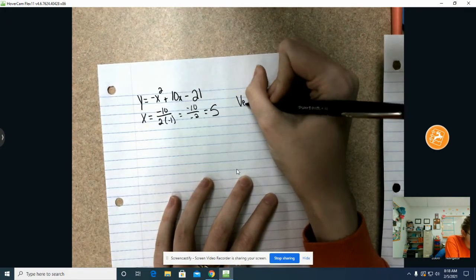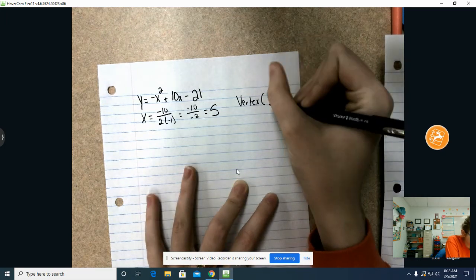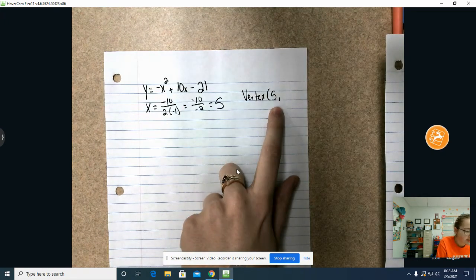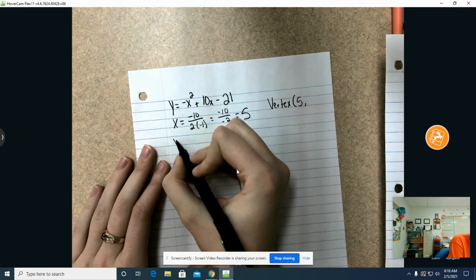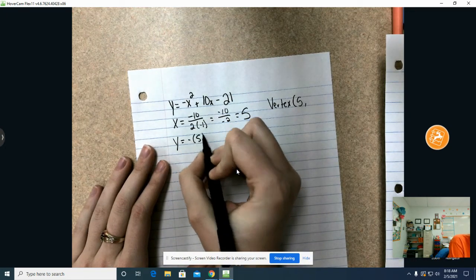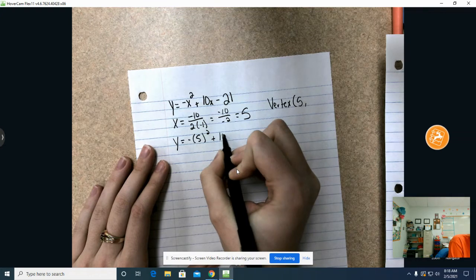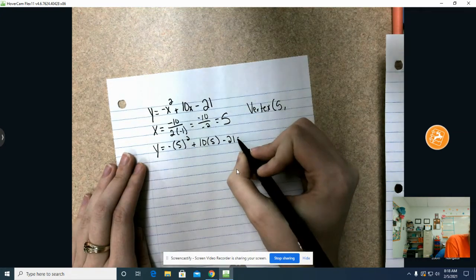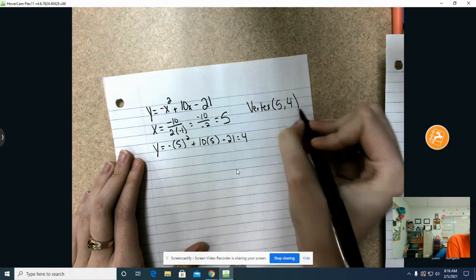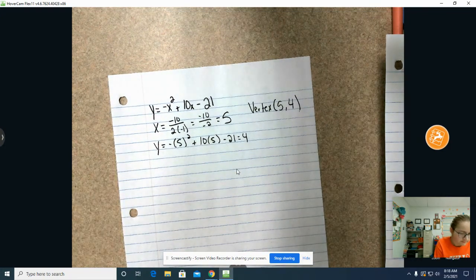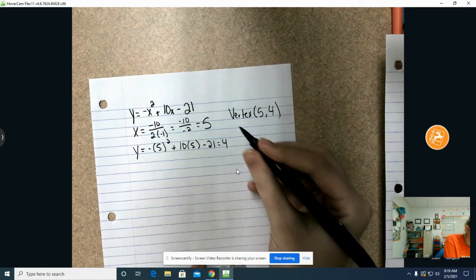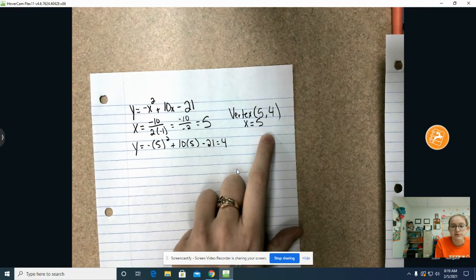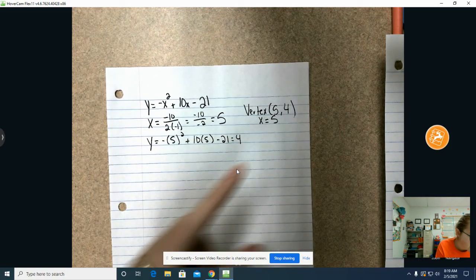So for my vertex, my x coordinate is 5, so to get my y, I'm going to plug that in. And when I do plug that in, I'm going to get 4. So this is my vertex. My axis of symmetry is 5. So you would write your axis of symmetry as x equals 5.